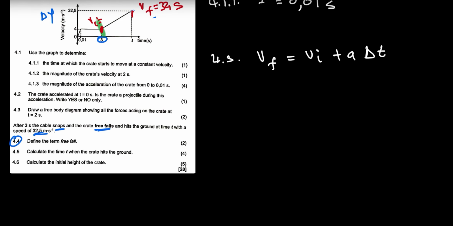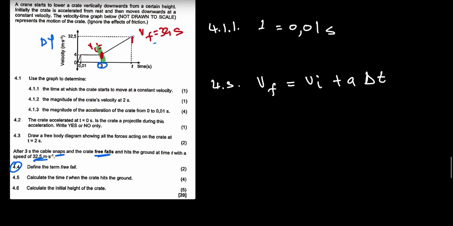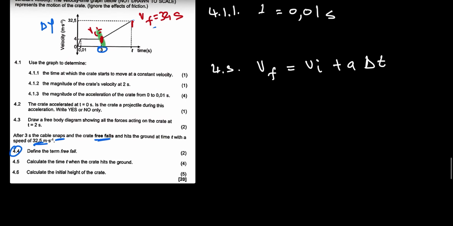Every time you use these equations of motion, you should indicate the direction. Remember, this crate is going downwards. So you can take down as positive, or you can take up as positive. It depends on you. I don't know if they said we must take up as positive. No, they did not mention that. So we can choose downward as positive, since our crate is going downwards.